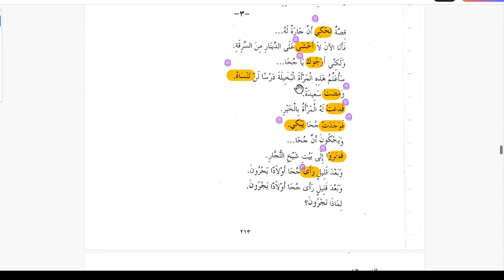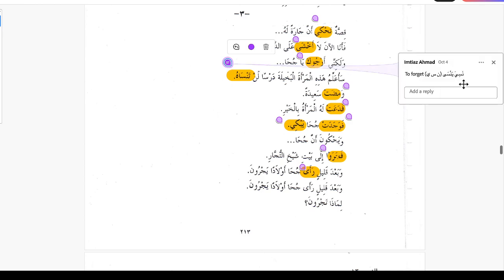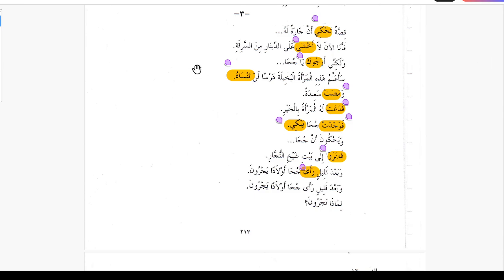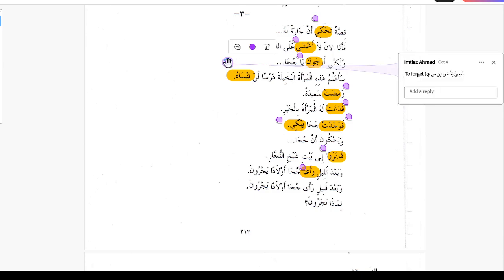Sa'uallimu hazihil mar'atal bakhilata darsan lan tansahu. I will teach this stingy woman a lesson that she won't forget. So here the verb is tansa, which is coming from nasiya yansa. The important thing is the root letters of this verb, which are noon, seen, and ya.